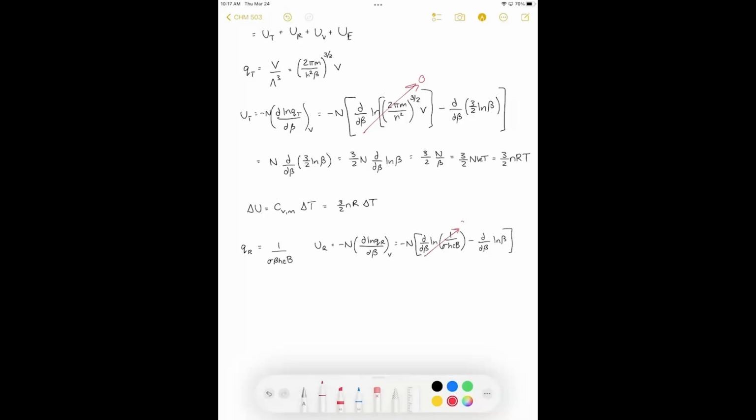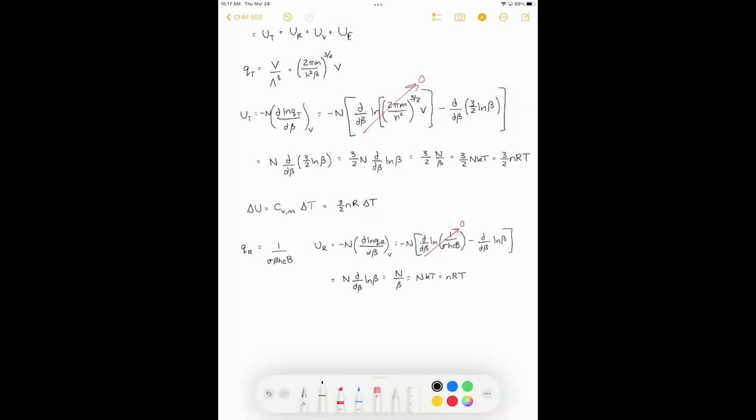Again, this whole term is 0, and what we end up with is that this is equal to n times the derivative with respect to beta of the natural log of beta, which in this case is n over beta, or nkT, or nRT. So for a diatomic molecule that has 2 rotational degrees of freedom, the contribution from the rotational energy levels to the total energy is simply nRT.